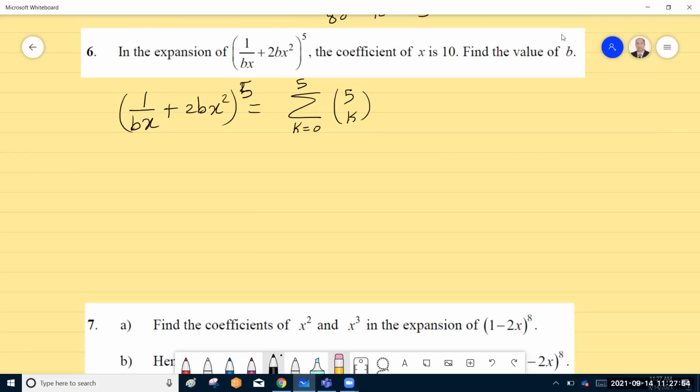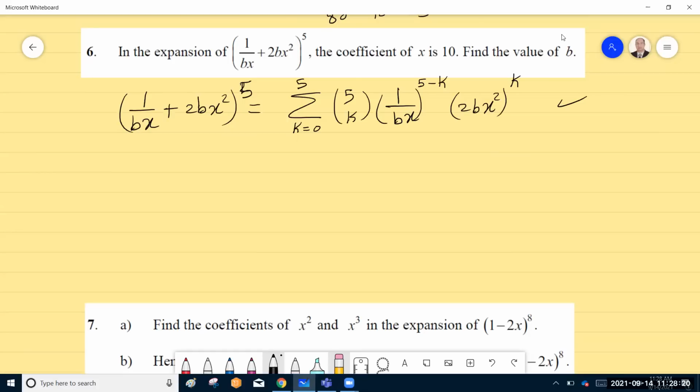The first term is 1 over bx to the power of the difference between 5 and k, and the second term is 2bx squared to the power k. This is the general form for all terms of the binomial expansion.